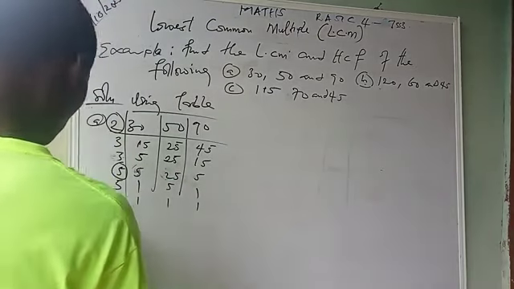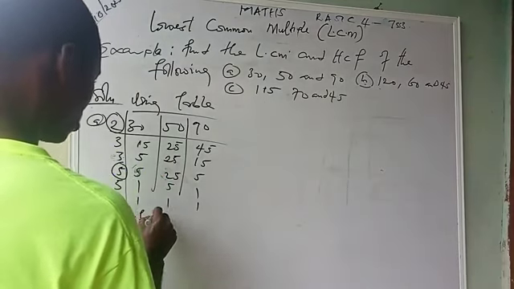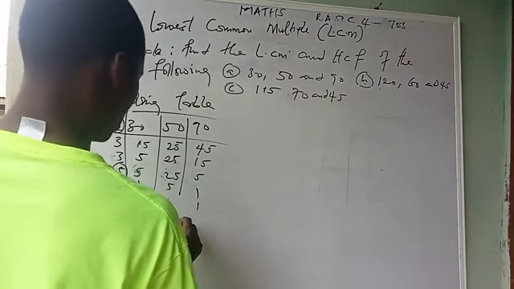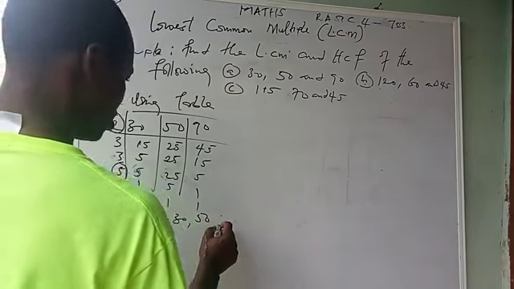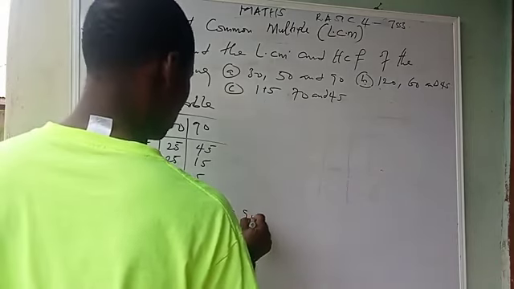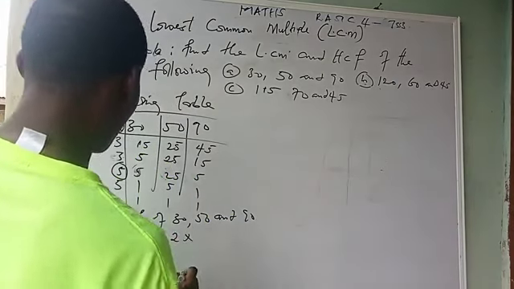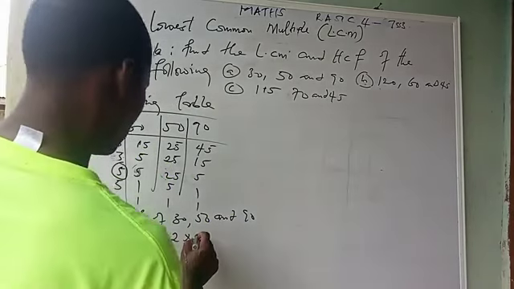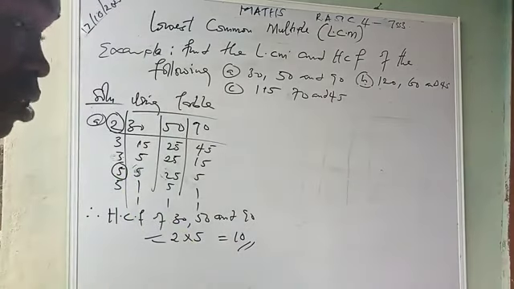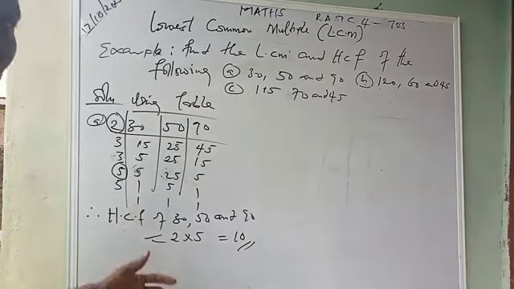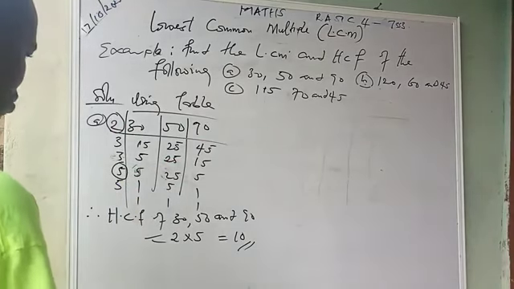Therefore, HCF of 30, 50, and 90 equals what? 2 times 5, I give you 10. That is the highest common factor between the 3 of them. Are you getting that? Okay.